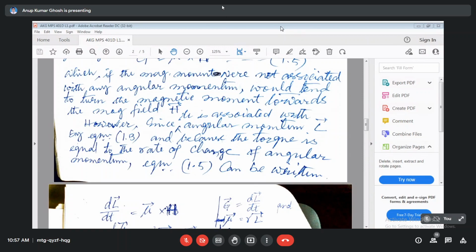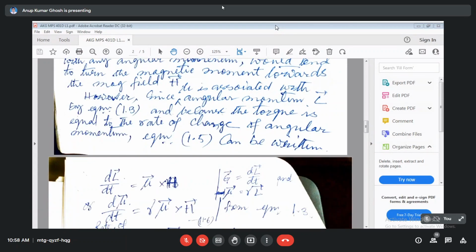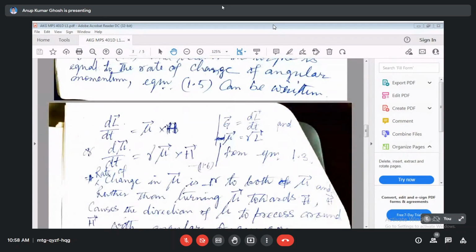And since mu is associated with the angular momentum L, which is given by equation 1.3, and because torque is equal to the rate of change of angular momentum, we can write G equal to mu cross H and G equal to dL/dt, and mu equal to gamma into L. All this we have already seen.